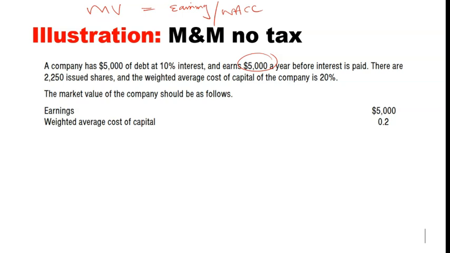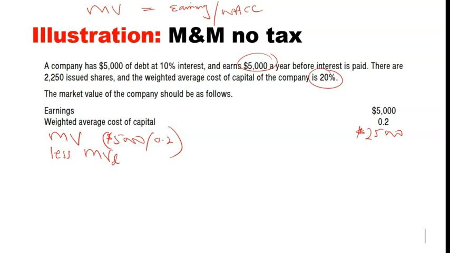So in this case, the market value would be $5,000 divided by 0.2, which was the WACC. Remember, the WACC is 20%. All right. So in this case, the market value is $25,000.